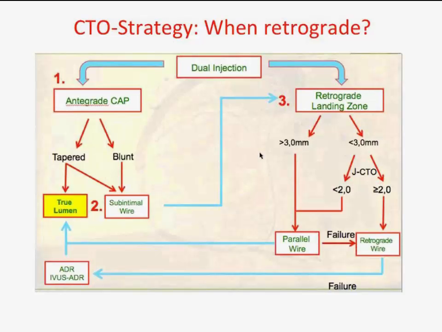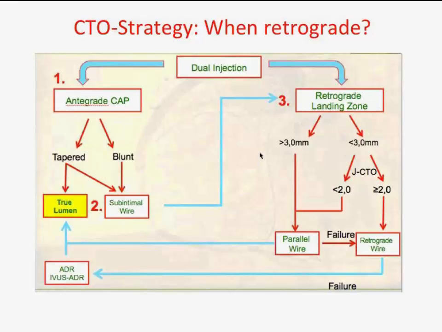So when you want to do the seesaw technique, so you want to work on both wires, you have to use 2 microcatheters. When you only want to have your wire as an orientation point for your second wire, you just leave it there, and you can save 1 microcatheter. So that's how we work.